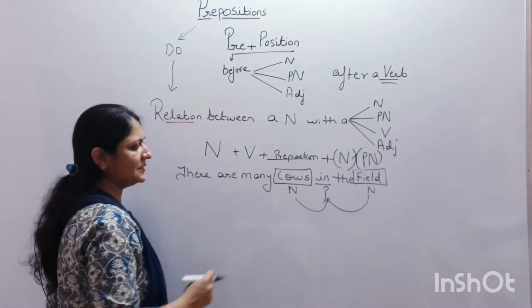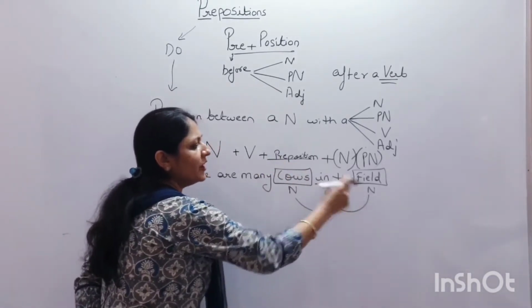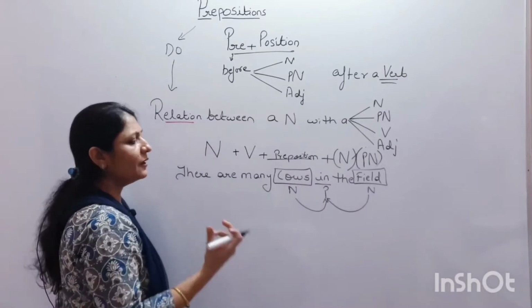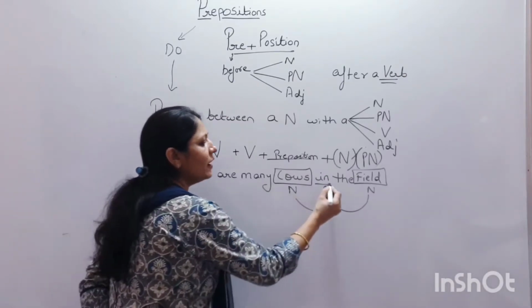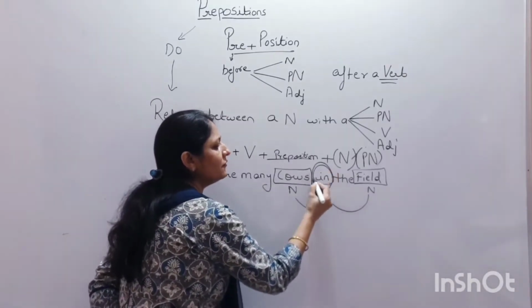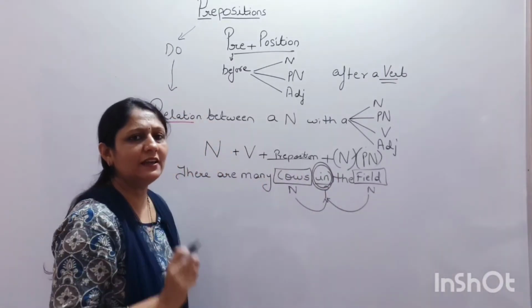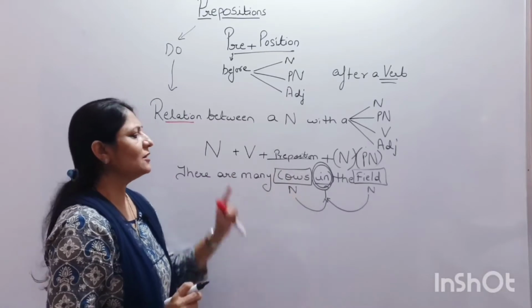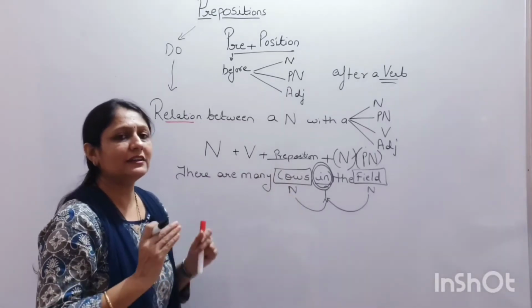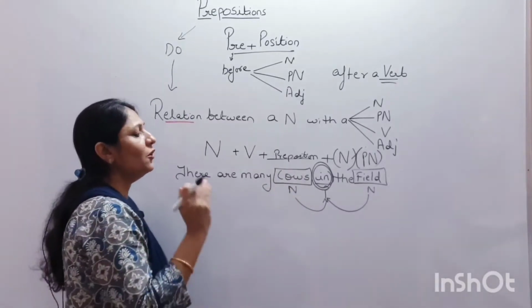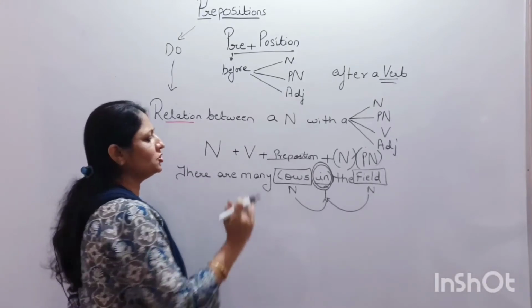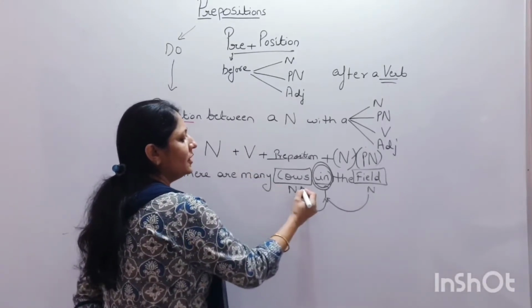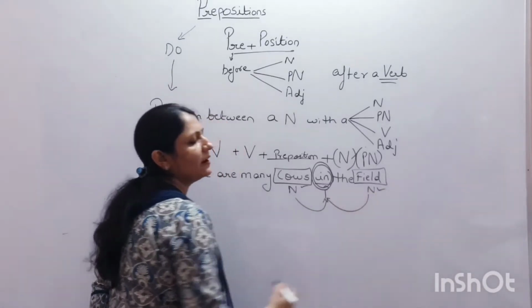So here we can say, what is the relationship between cow and field? What is the relation? That cows are in the field. The word in is telling you the location, the place where the cows are. And this location preposition, or this place preposition, is telling you the relationship between cows and the field.